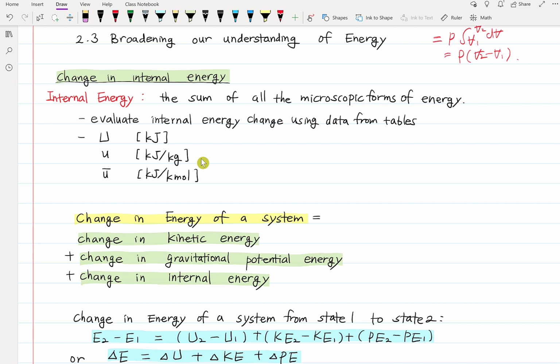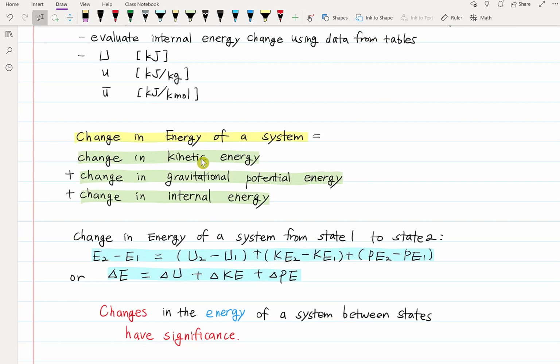There is no known absolute internal energy. So the internal energy is set to 0 at an arbitrary state. So that is why we see negative internal energy in some states. But we are only interested in the change in the internal energy using the data in the thermodynamic tables.